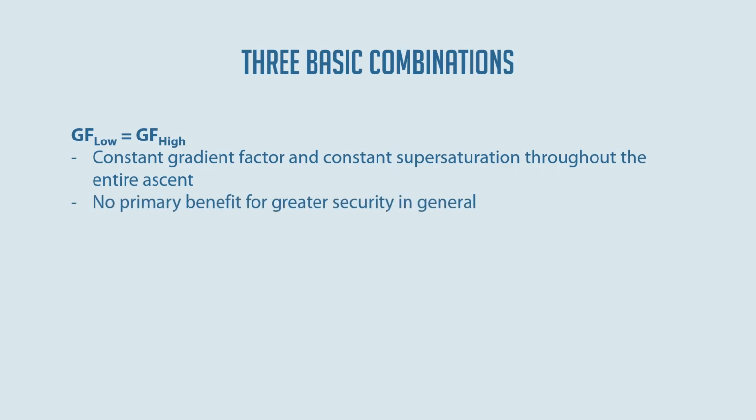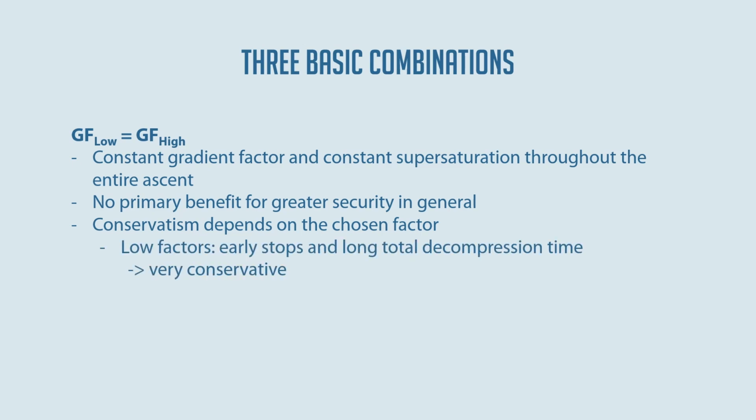The conservatism depends solely on the selected factor, which is what we have already discussed. Low factors result in earlier stops and long total decompression times, which is considered very conservative. Conversely, high factors lead to short decompression times with a higher permissible tissue supersaturation, which is then less conservative.